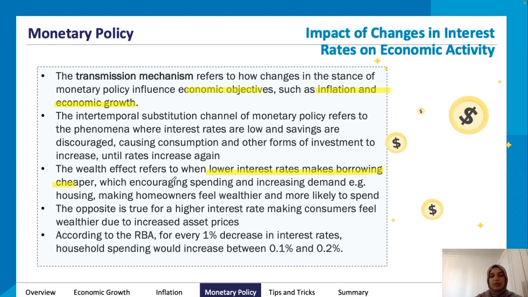According to the RBA, for every 1% decrease in interest rates, household spending would increase between 0.1% and 0.2%. So there is a correlation there, and we can see why that's the case. It's very obvious because when we see a decrease in the rates, it means that people understand that it's now cheaper to borrow, so they're more likely to go and borrow. I hope that this is clear.